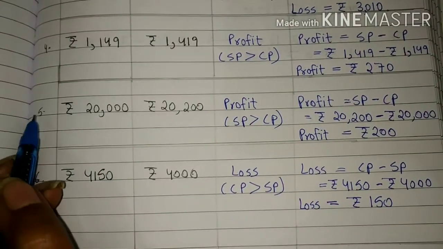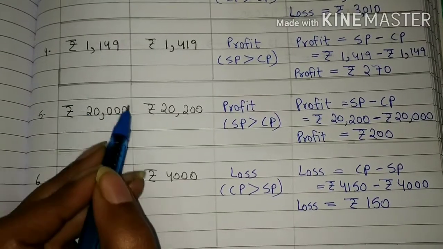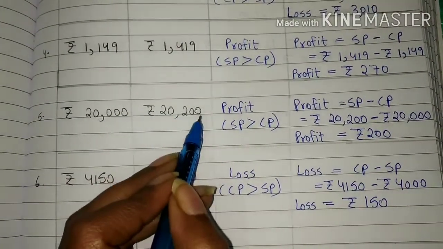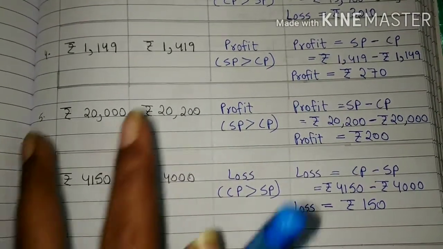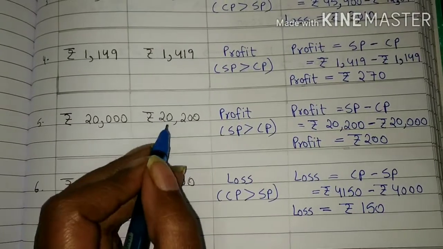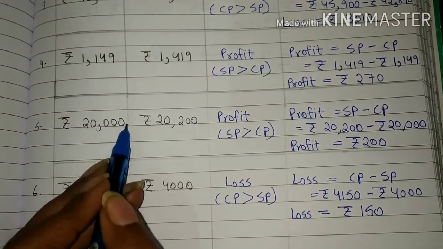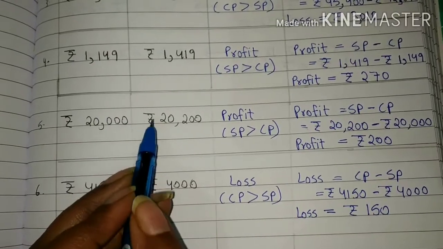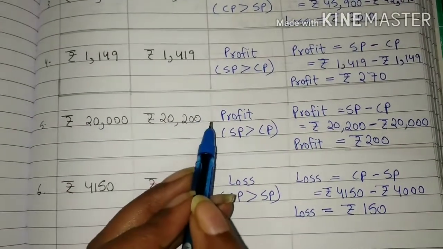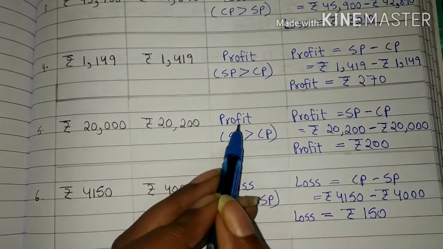Students, now come to fifth. Cost price is rupees 20,000. Selling price is rupees 20,200. Students, when you compare these two prices, you will see that rupees 20,200 is greater than rupees 20,000. It means selling price is greater than cost price. Students, we know that if selling price is greater than cost price, then there is a profit.